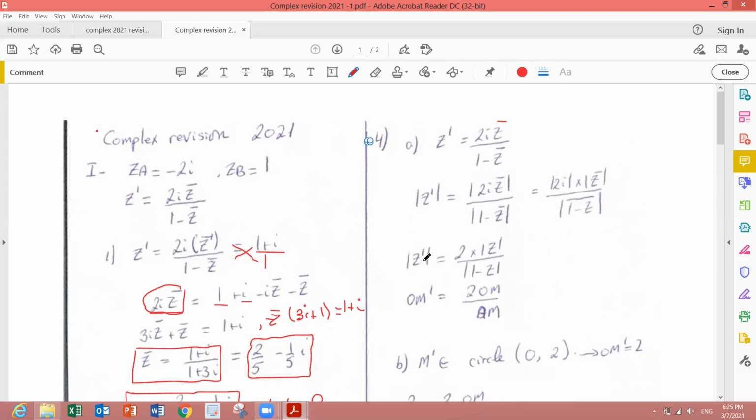Modulus of z prime is the distance. z prime has an image M prime. So modulus of z prime is the distance from O to M prime, OM prime.